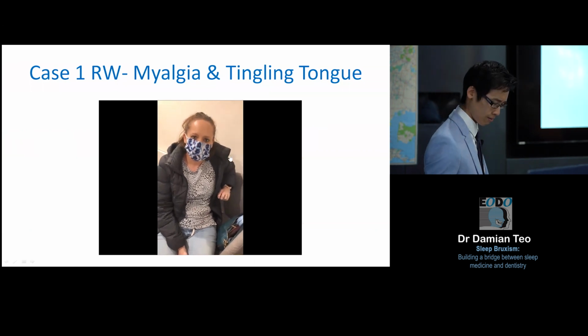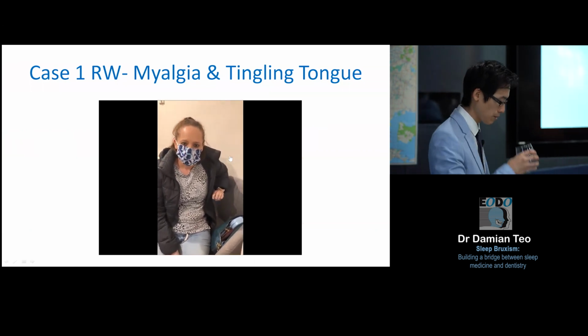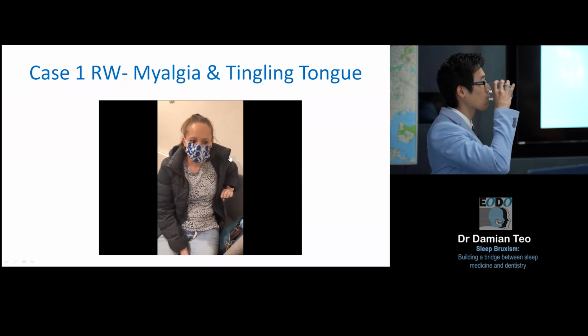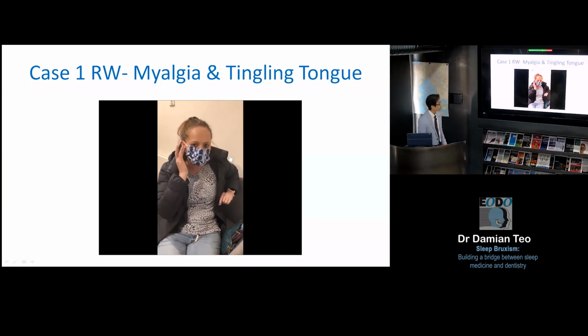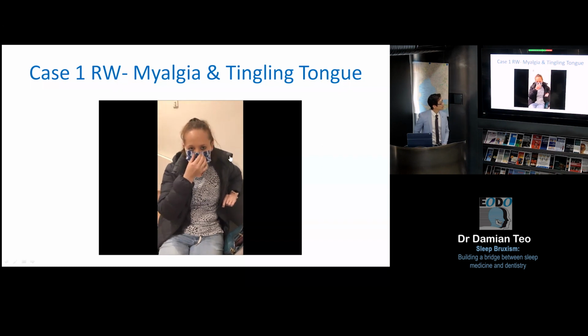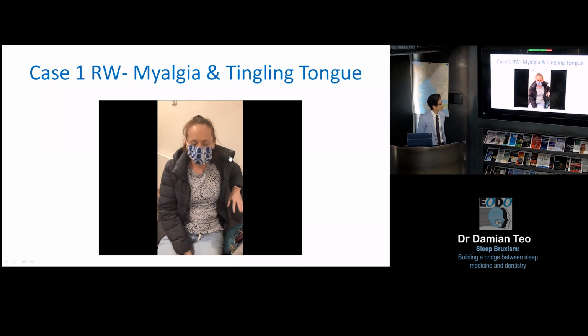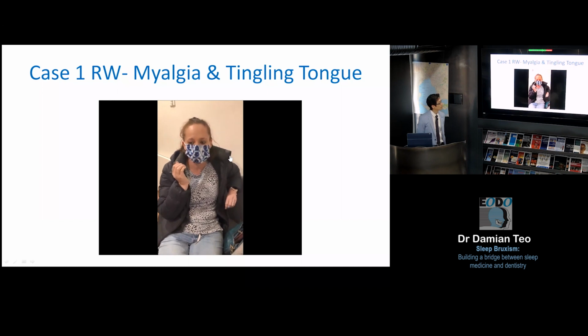Can you just tell me what sort of symptoms you were having beforehand when I first saw you? I basically had a lot of tingling in the tongue and all through the jaw and along the sinus line there. Since wearing the dental splint, I think this is the sixth week now, around the third week, I had a reduction in the tingling in the tongue, which was really good because it's really off-putting.